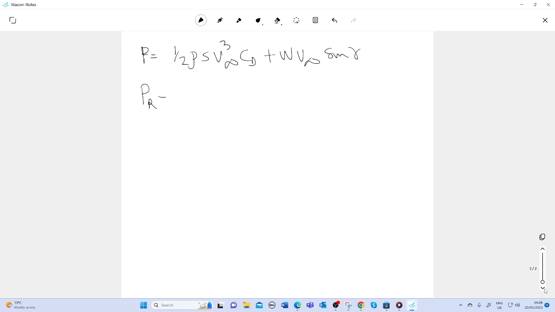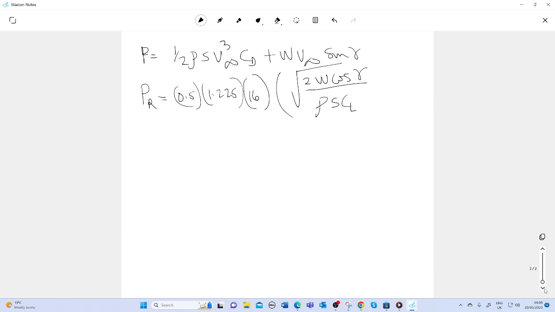So therefore the power required becomes 0.5 times 1.225, that is the density at sea level, multiplied by 16 multiplied by the free stream velocity, which is the root of 2 W cos gamma over rho S CL.